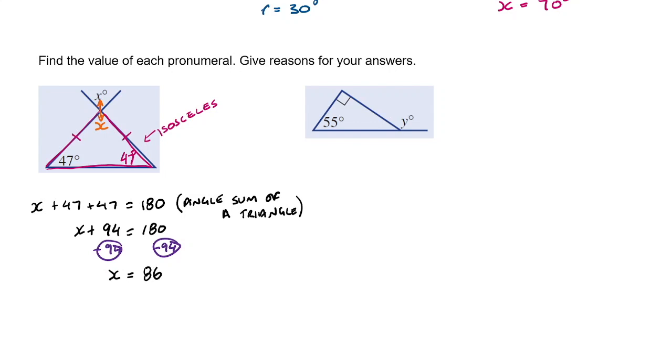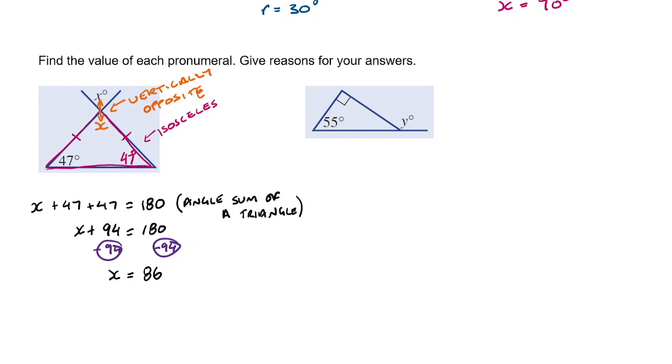And that's all we have to do, because we're using vertically opposite angles in here. And I highly recommend when you're doing your diagrams to make these notes on there as well.